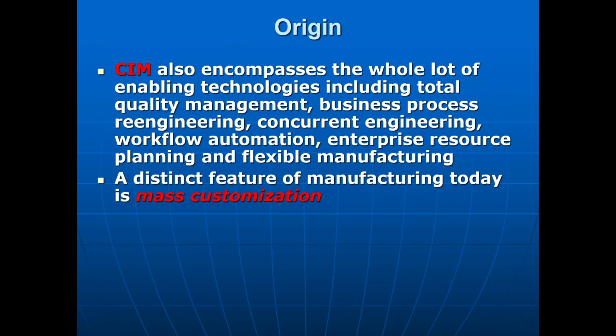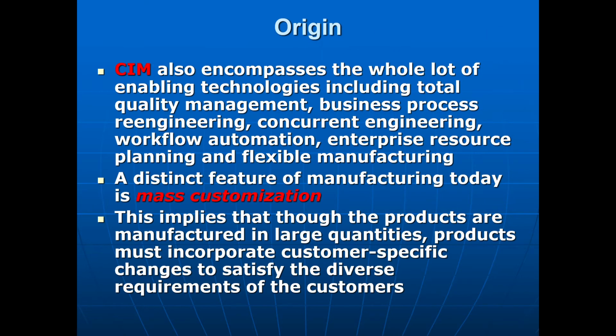And then a distinct feature of manufacturing today is mass customization. This implies that the product is manufactured in large quantity. Like I said just now in the previous topic, we have high volume mass production. So when we do automation with the SIM, we can make large quantity production with minimum setup time, fewer errors, and then can produce more quality product, and then can increase more profit.